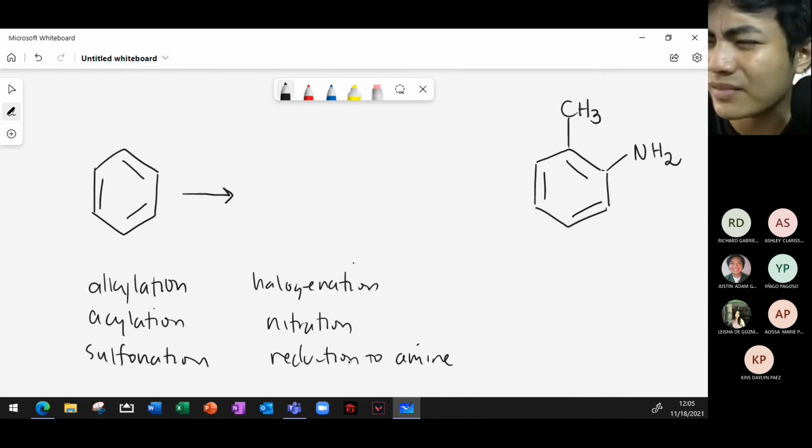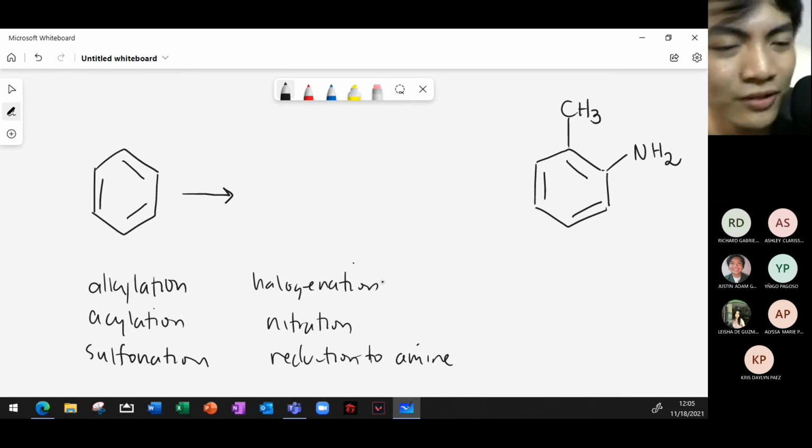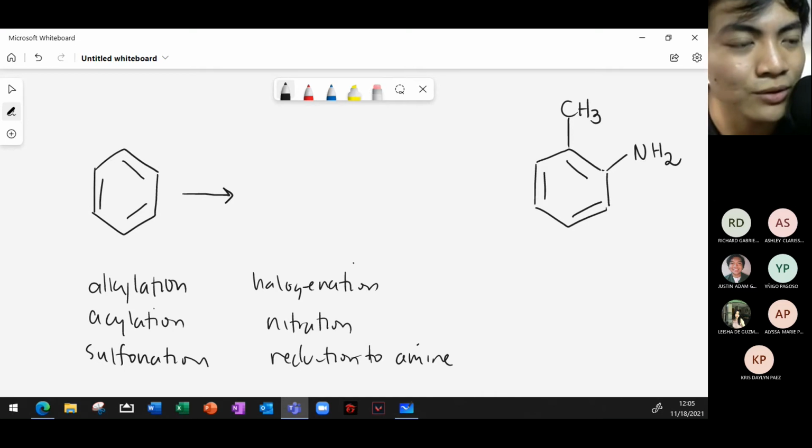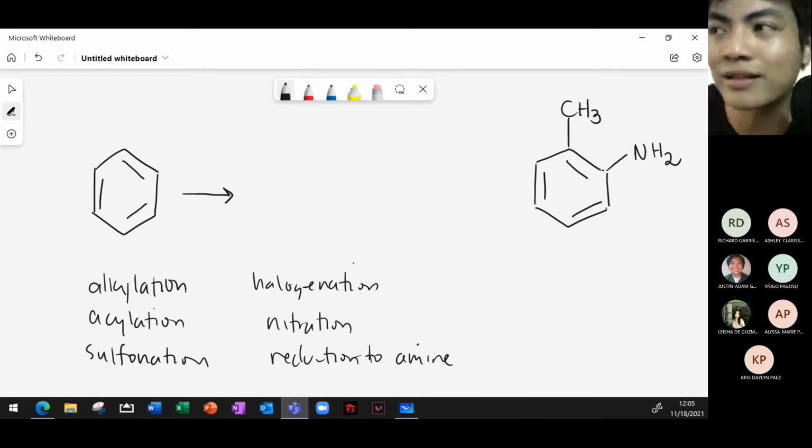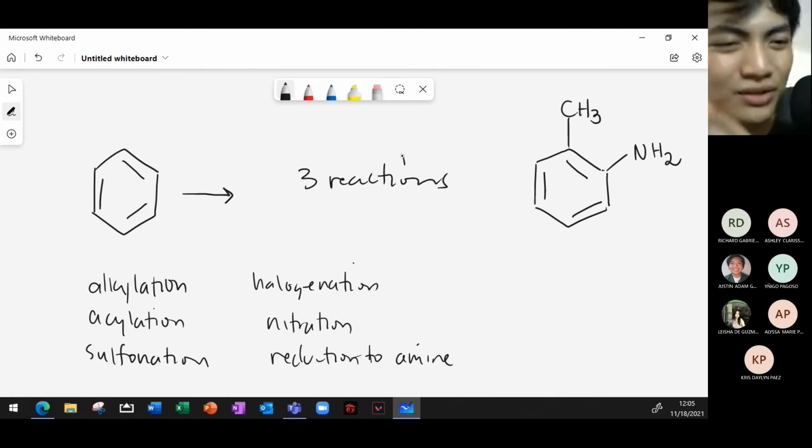Sige. Ito na, last question na to for this day. And then may practice quiz pa naman tayo. Okay, so could anyone tell me what are the steps that I should take? Tatlong steps yan. Okay, so I need 3 reactions to produce my product. What are those 3? Using the options below. I-mention nyo na lang ano yung tatlong yan.